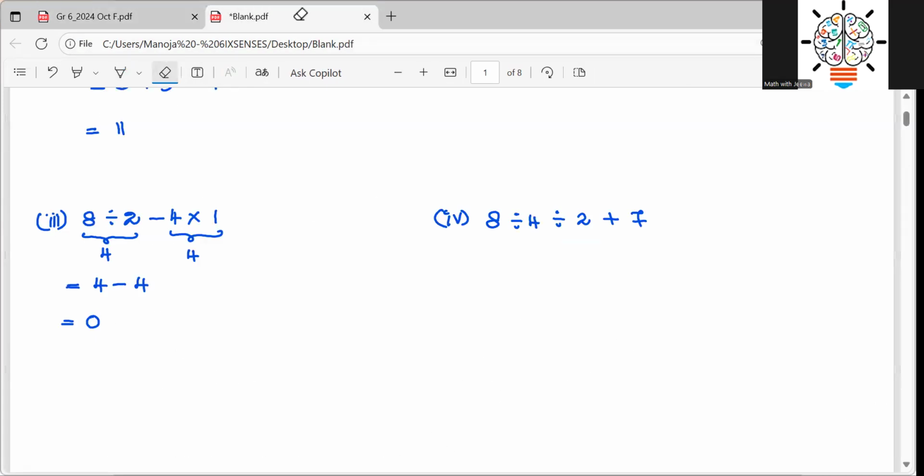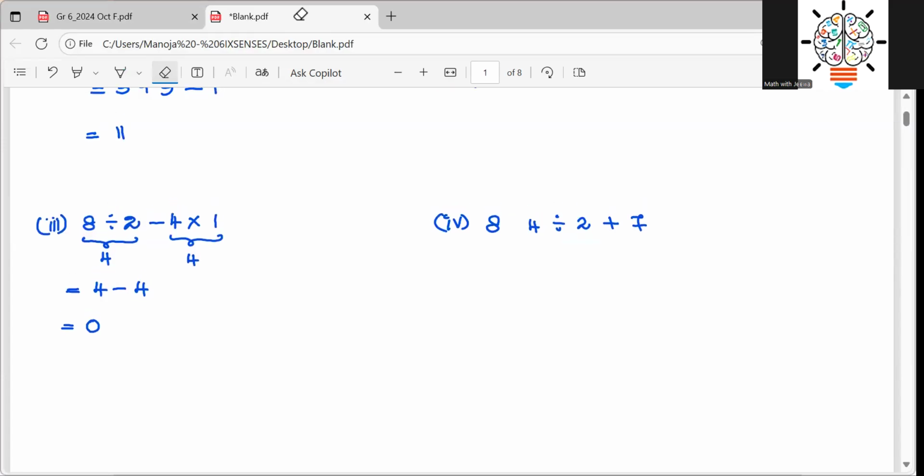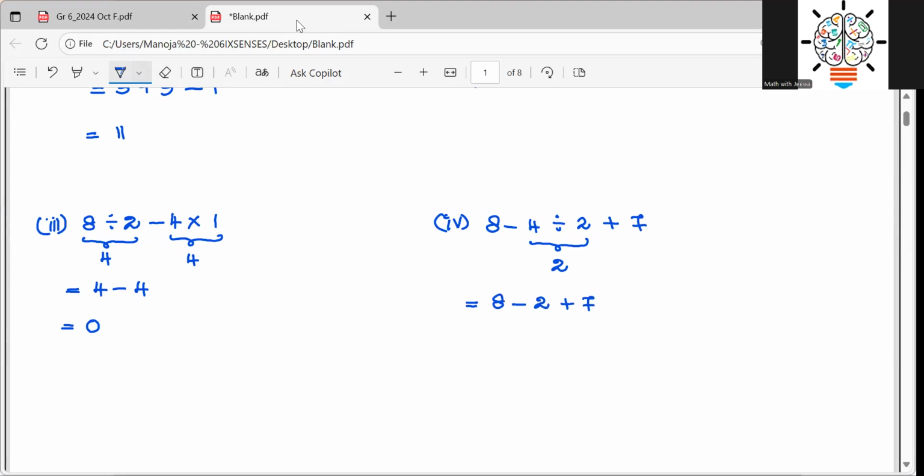Here I wrote it in the wrong way. It should be 8 minus 4. So 4 divided by 2, it is 2. And I can rewrite the question as 8 minus 2 plus 7. And I prefer to have this plus 7 first and then minus 2. Then 8 plus 7, 15. 15 minus 2, it is 13, right?